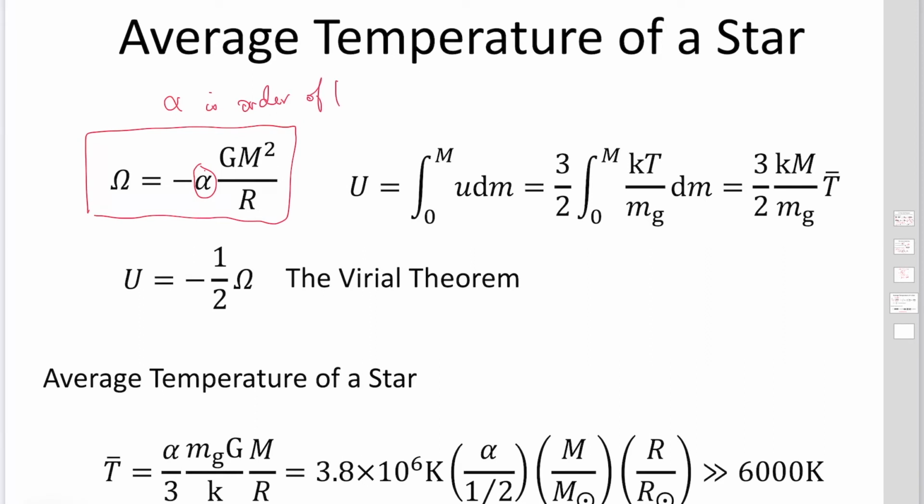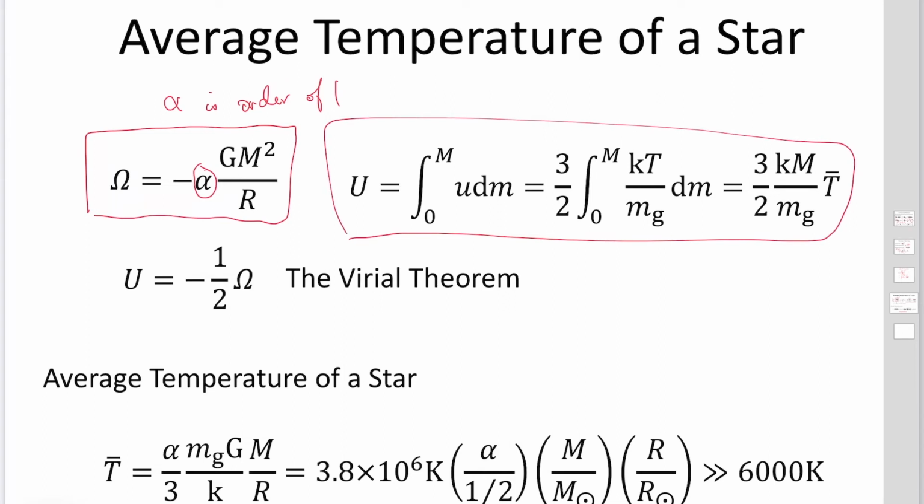Then we'd like to estimate the internal energy of a star using these equations. So we introduce the average temperature of the star. This T bar is defined as the integral from 0 to M of T dm over the total mass.